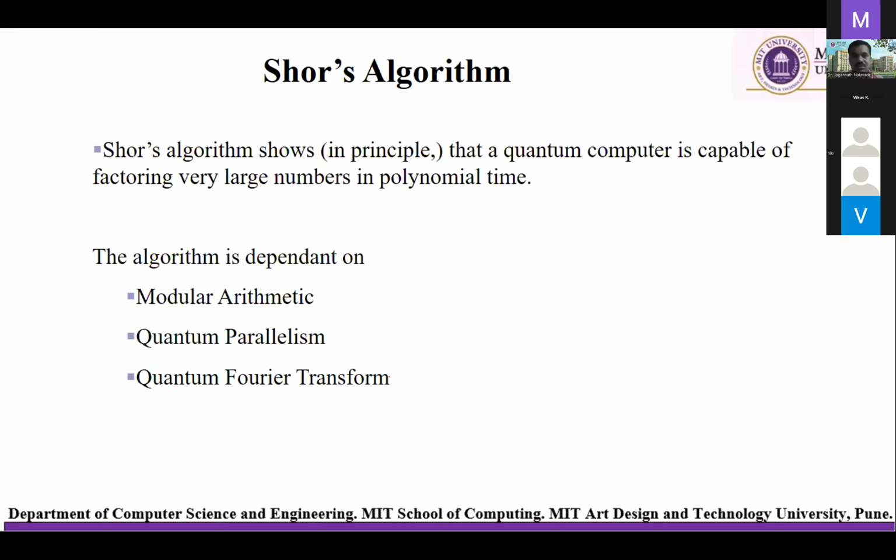Now, the next algorithm is Shor's algorithm. Shor's algorithm shows that a quantum computer is capable of factoring very large numbers in polynomial time. Now, by using classical computers, we can give the guarantee that, suppose Alice wants to send some message to Bob using different encryption techniques.